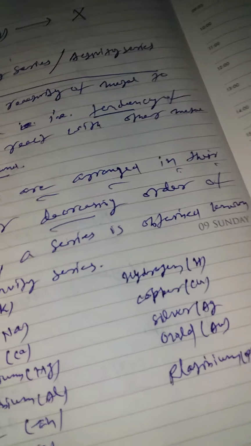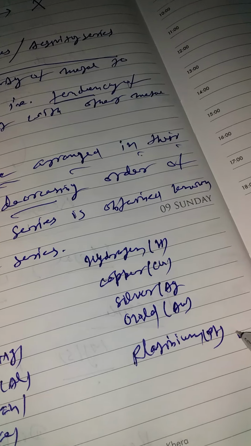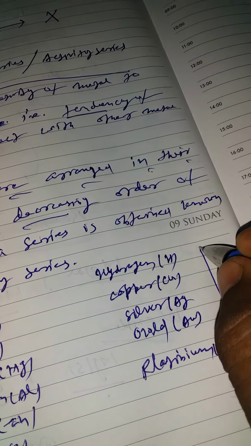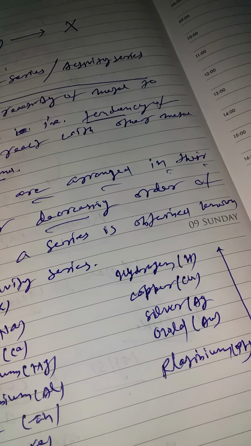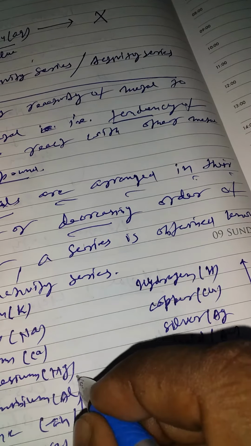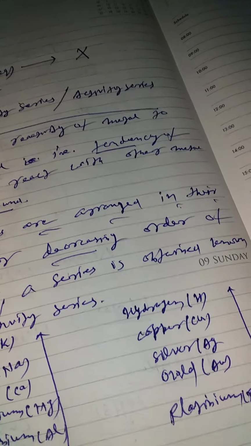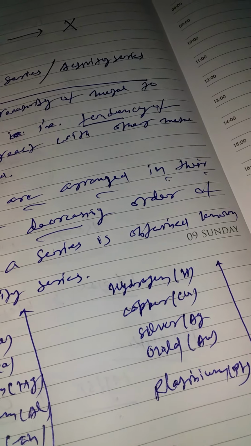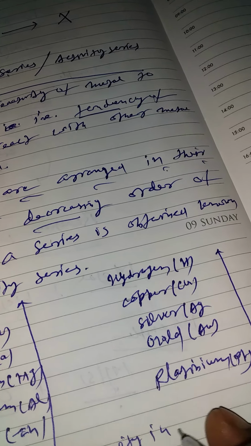So here we see that when we move from platinum to hydrogen and hydrogen to lead, tin and potassium, we see that reactivity increases.